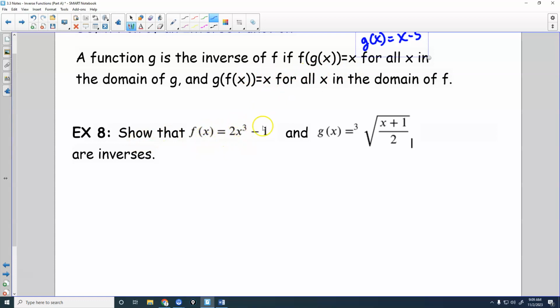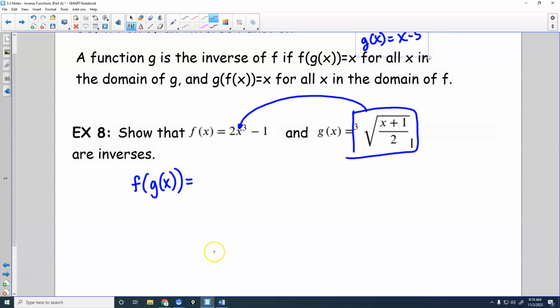Here we need to do f of g of x to see what we get for this. So if I do f of g of x, that would be taking g, the cube root stuff here, and plugging it in right here.